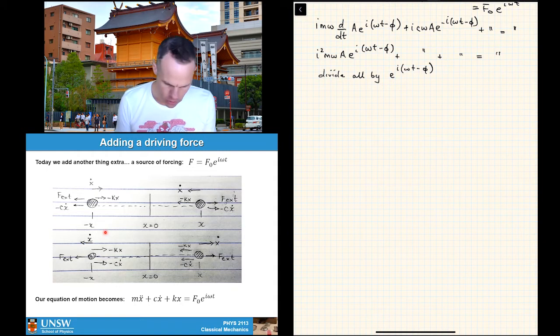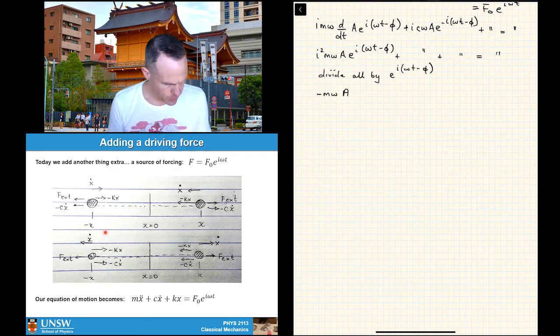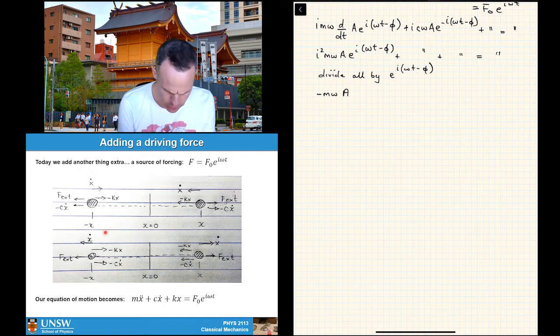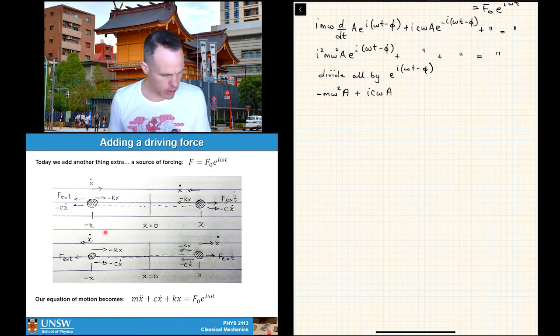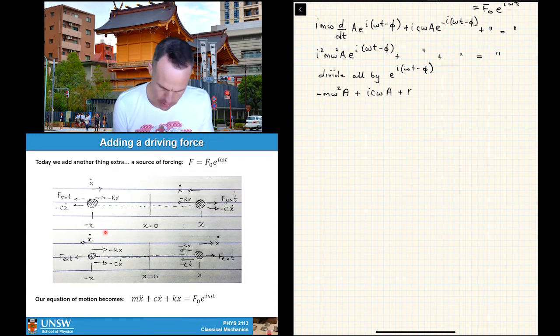So we're going to divide all the terms by this. My i² out the front is minus 1, so what we've got is minus m ω A. Actually, I've dropped a term. There should be a squared there, and that's going to make that a square there, right? Yeah, I'm going to have another omega come down. Good. Okay, plus i c ω A just here, plus kA.